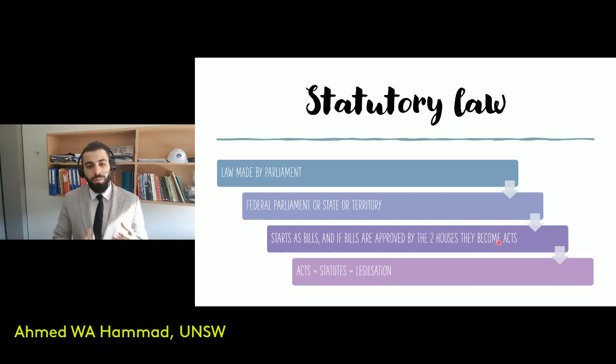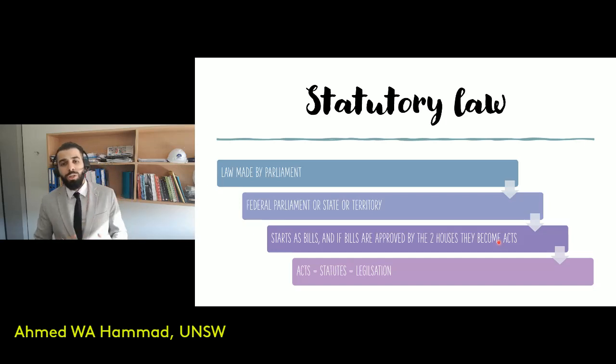These parliaments pass certain laws, and usually how it starts is that you start off with a bill, and if the bill is approved by the two houses, the House of Representatives and the Senate, it becomes an act. Now you can have acts that are passed by the Commonwealth, by the federal parliament, or you can have acts that are passed by the individual state parliaments.